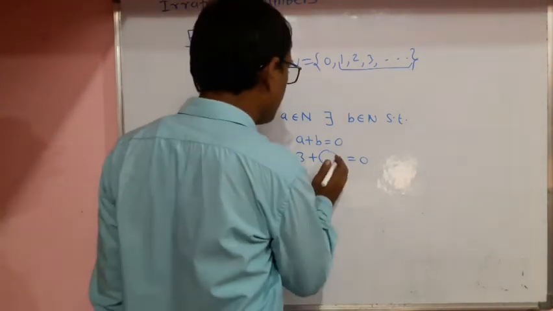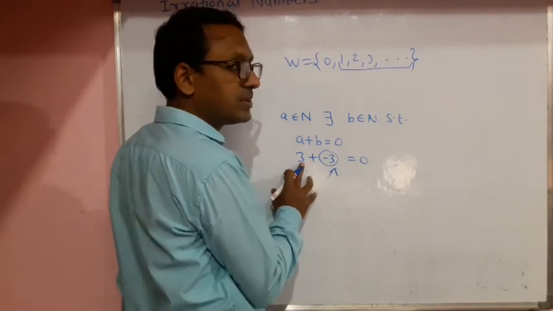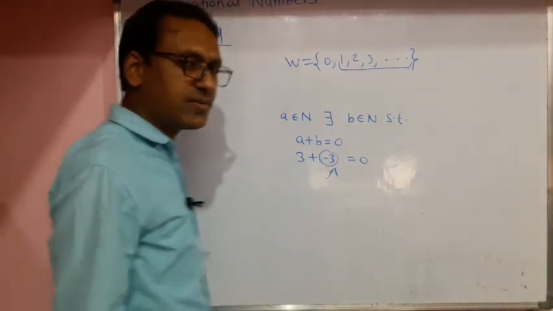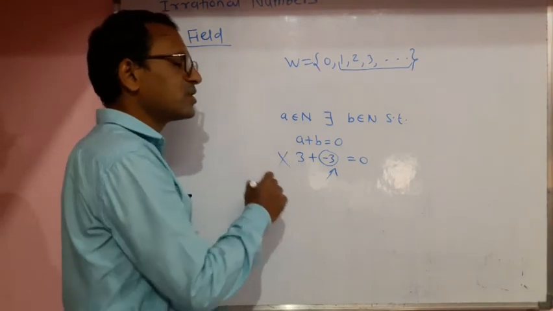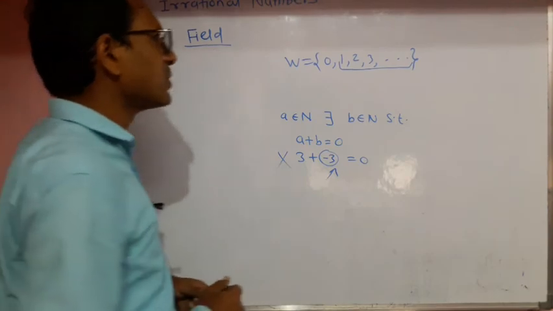For 3, which element exists? -3. That is, -3 is the additive inverse of 3, but negative elements do not belong to the set of whole numbers. That's why again the fifth property is not satisfied. That's why the set of whole numbers is not an example of a field.